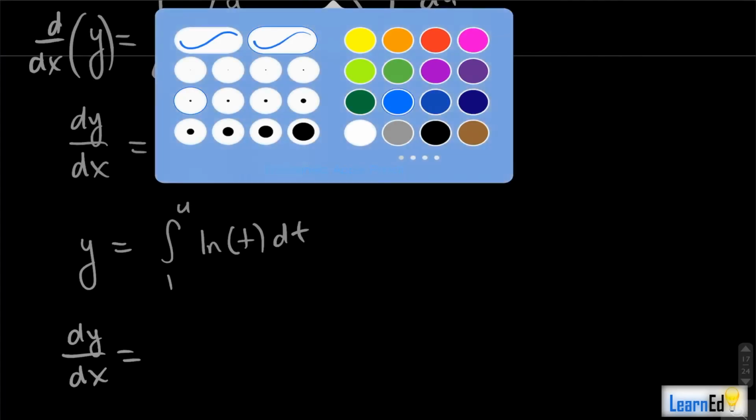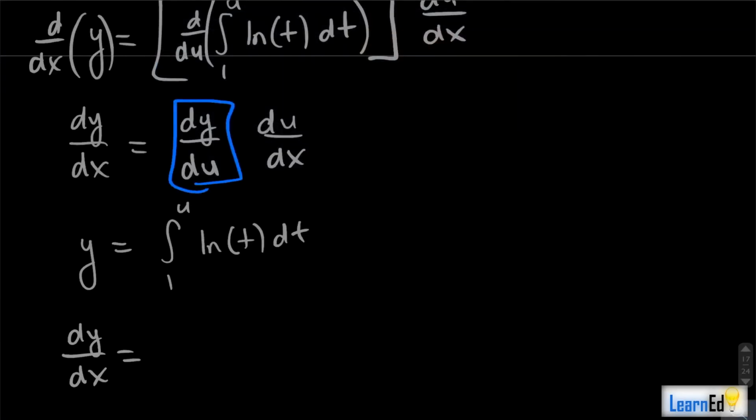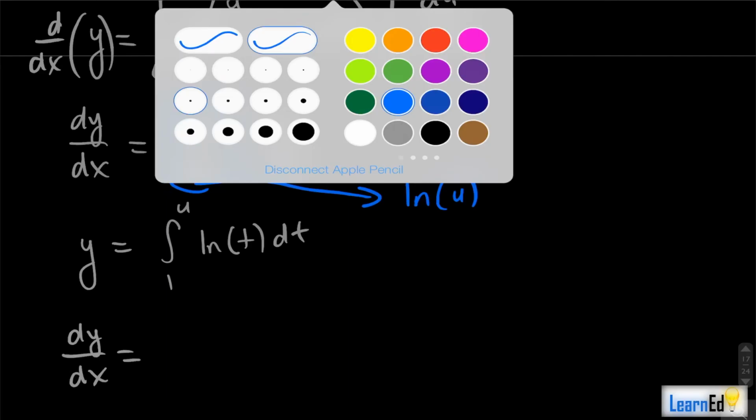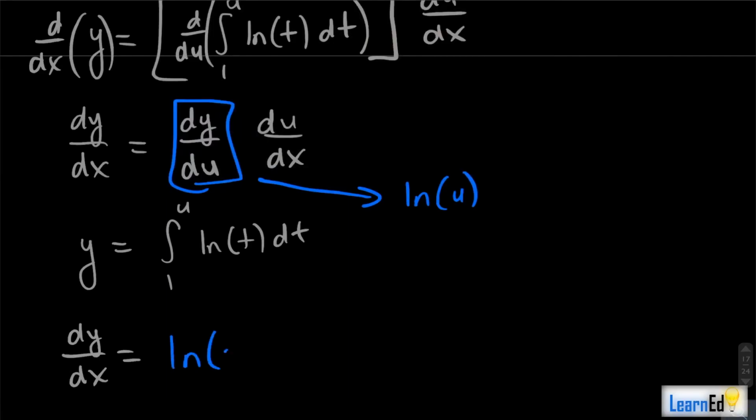We're on blue, I think. Yeah. dy du ends up being just the derivative of this piece with respect to u, which is just natural log of u, because the integral goes away and you plug in u. So we first off get a natural log of u.